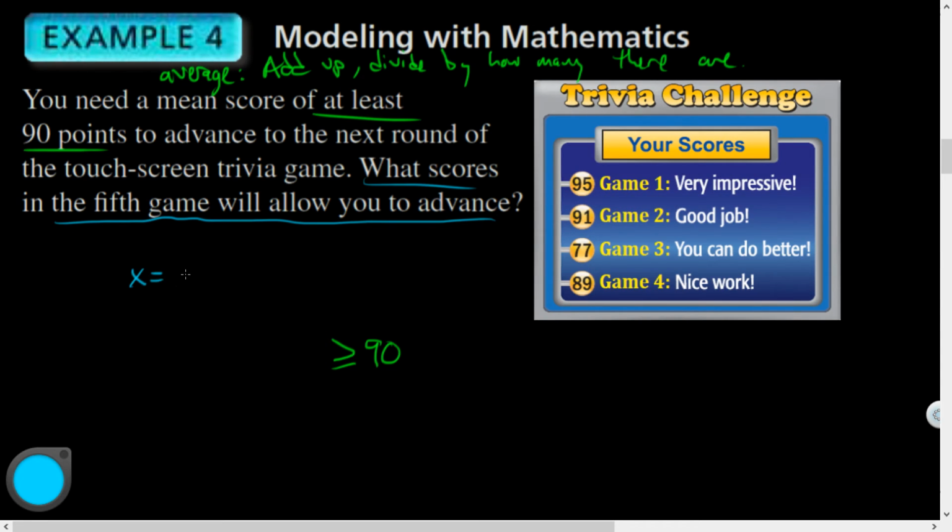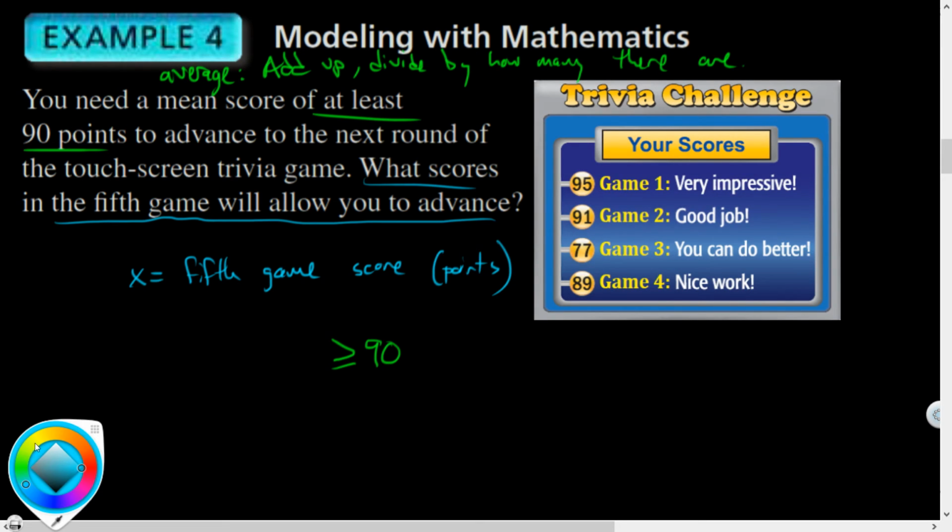I'll say x is the 5th game score, measured in points, as they said points up here. So I defined a variable and I'm writing an inequality.